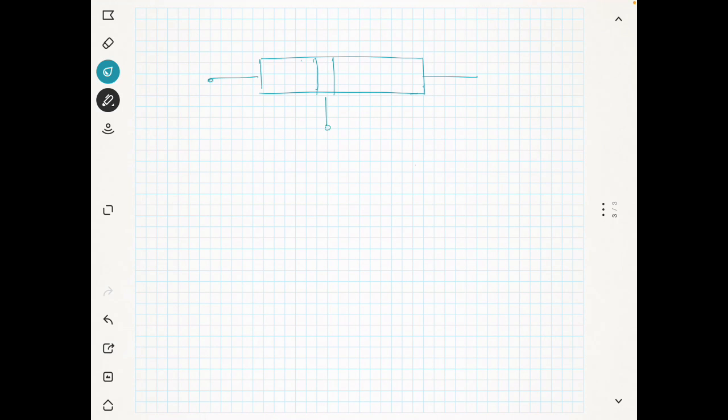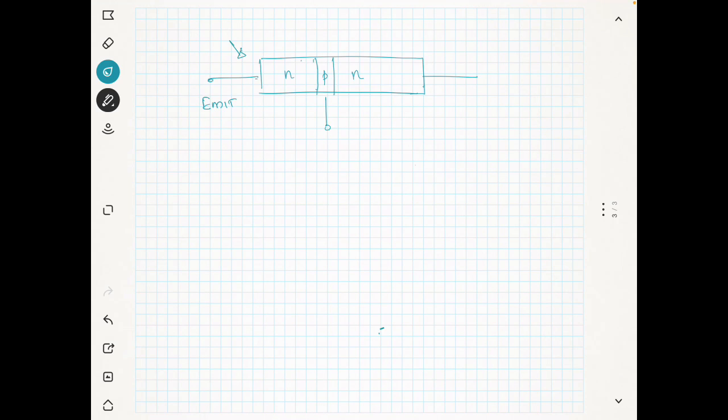So you have three connections, each one either a p-type or n-type semiconductor: N, P, N. This region, or terminal, we usually call the emitter.